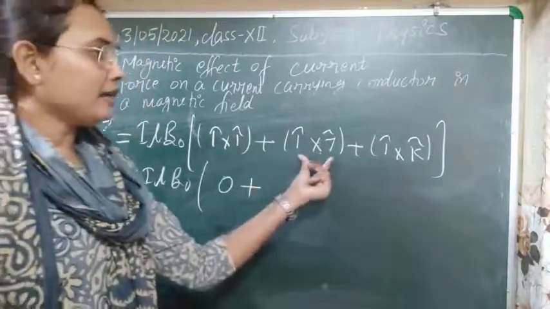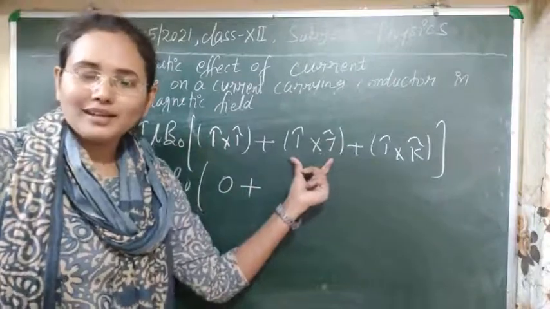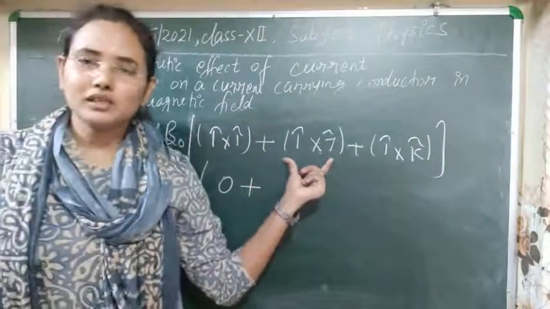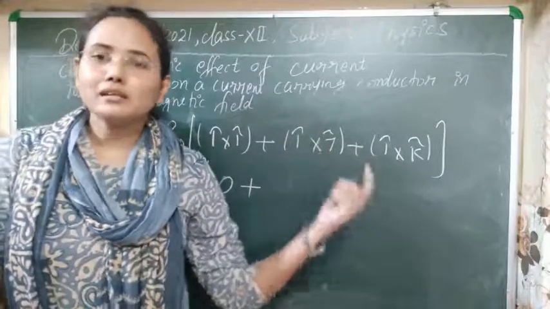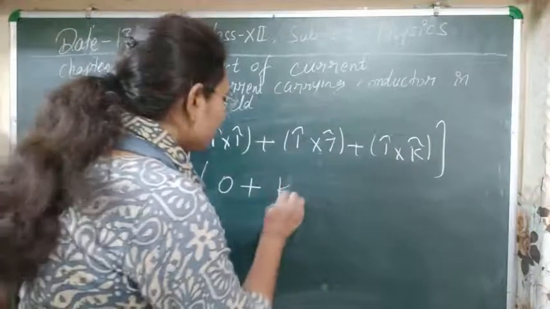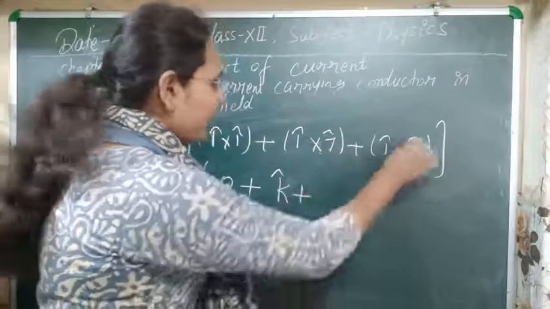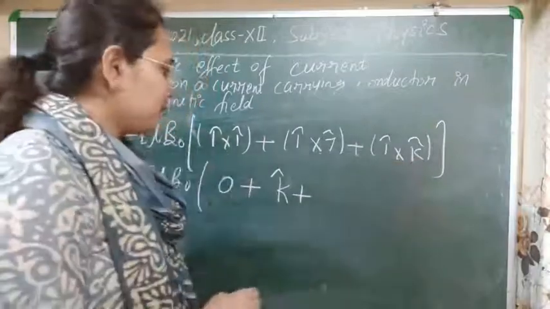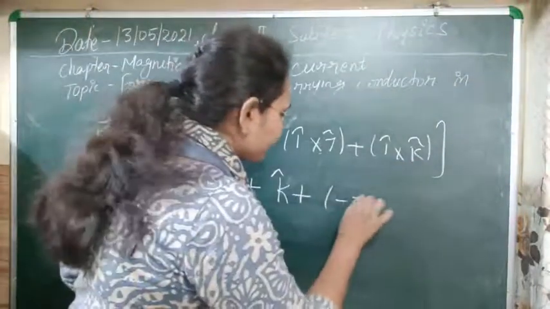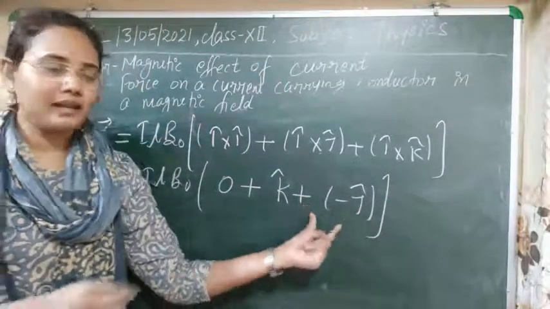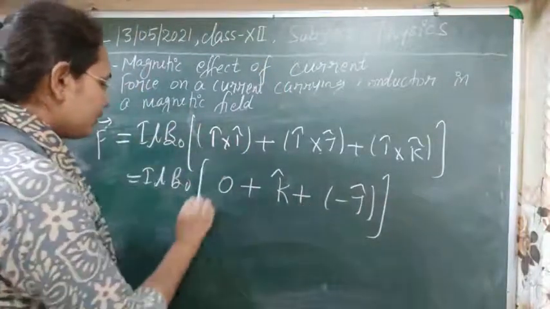Second term, I cross J. So you know that I and J are two directions that are perpendicular to each other. So for that case we are getting the next direction, that is K direction here. So I cross J is equal to K. I cross K, you know, is equal to minus J. So I think now I don't have to explain the vector things again.